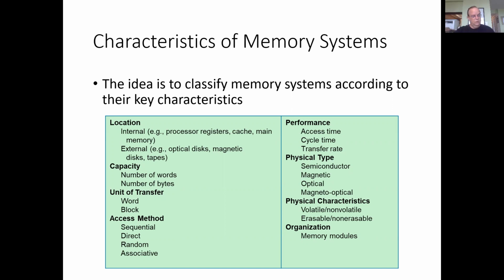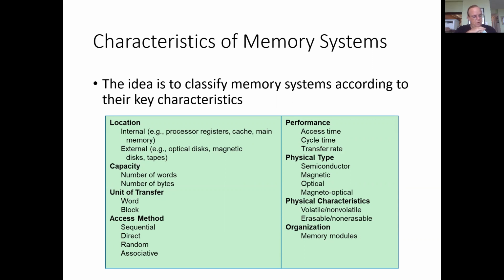In terms of capacity, this is typically expressed in terms of bytes or words. Common word lengths are 8, 16, and 32 bits. So you may have a 32-bit word, which would be 4 bytes, and so you would have a different word capacity than you would a byte capacity. The unit of transfer is also different based on words or blocks.